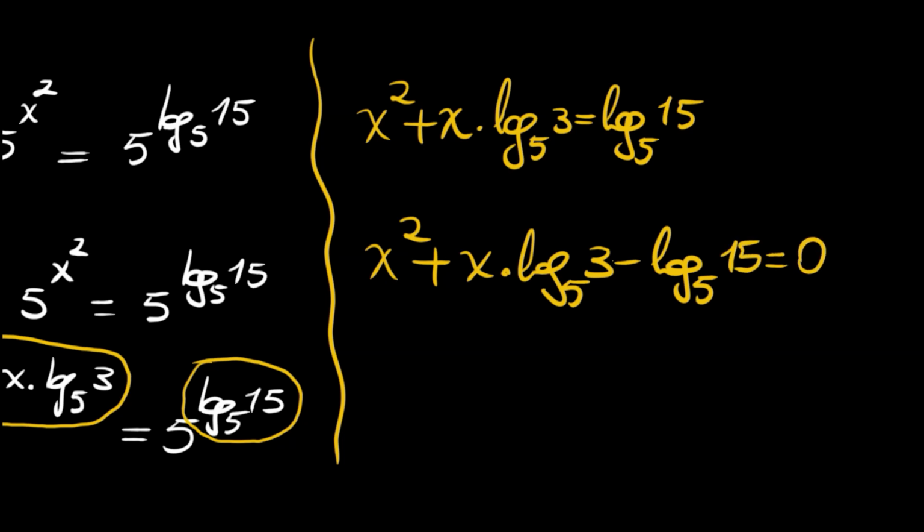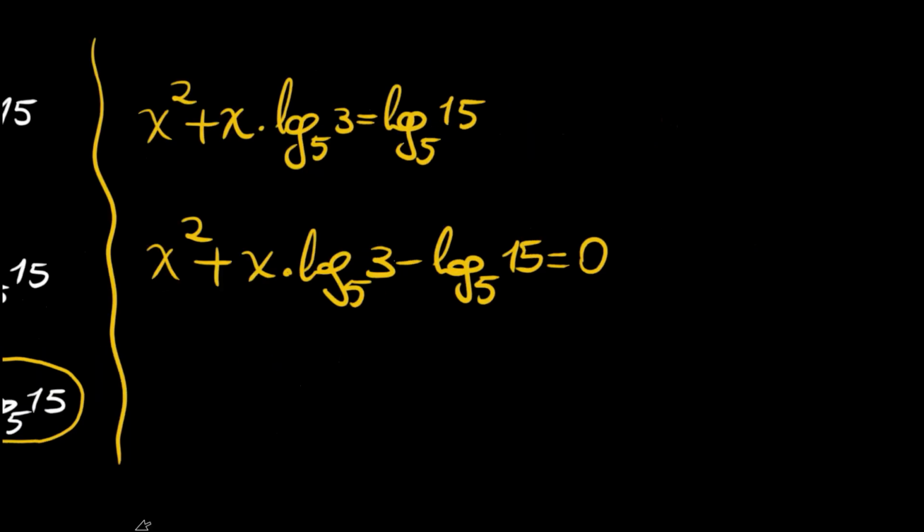And luckily this is a quadratic expression. We can use the quadratic formula, but to make our work easier, let me just let this log base 5 of 3 be some a.